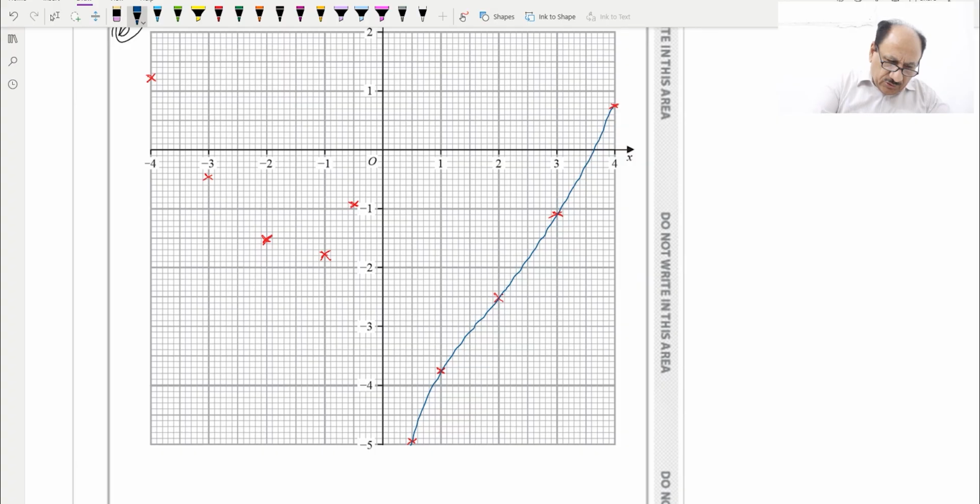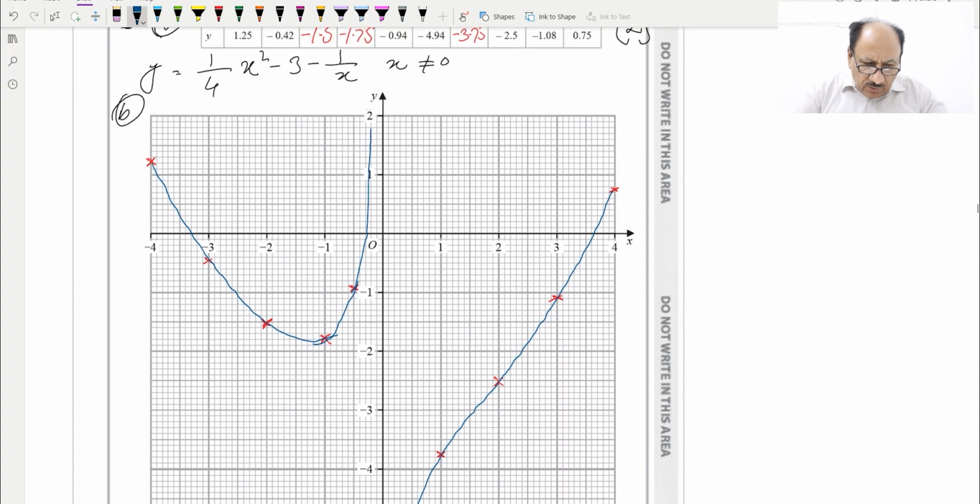One line will be this one and the second line, if I draw a smooth curve, will be like this one, bending upward, and it will be going like this. So this is done. We are done with the graph. Then B part is done.